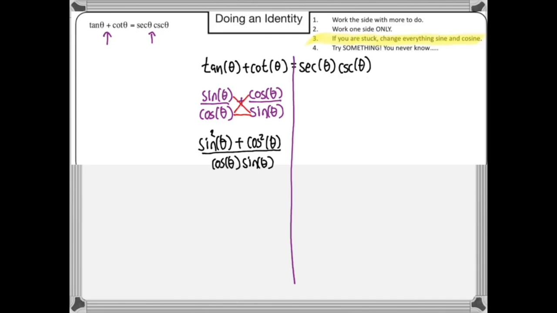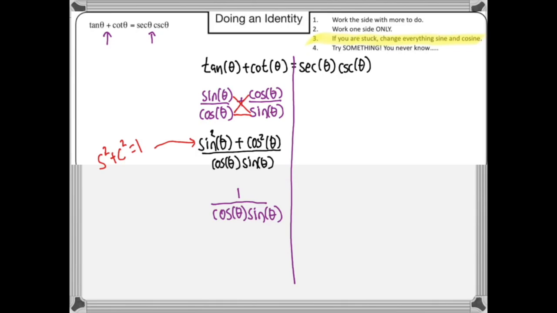Okay. So now I know that using the identity of sine squared plus cosine squared equals 1, I can just turn the entire top into 1. And I like that a whole lot because now, peeking over on the right-hand side, I think I have something that is going to work out nicely.